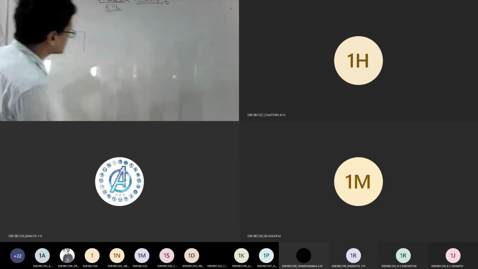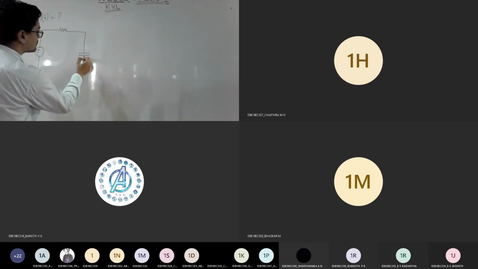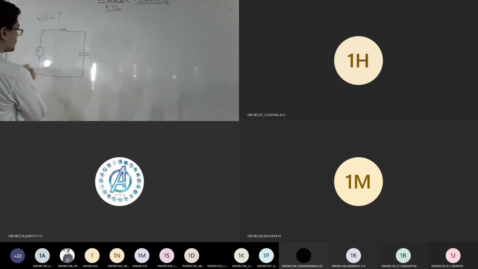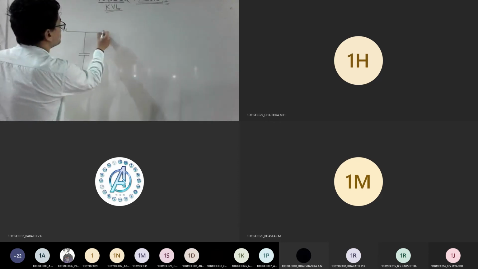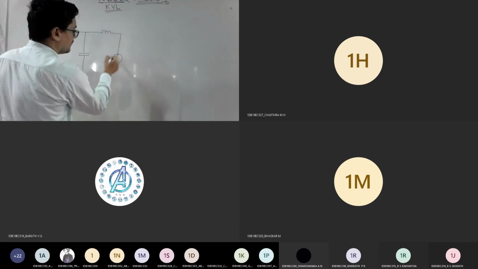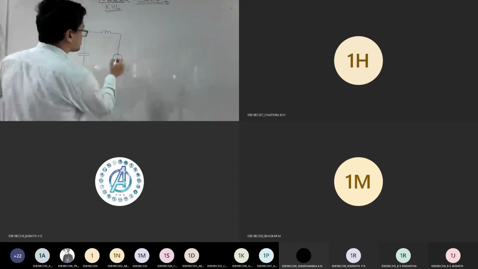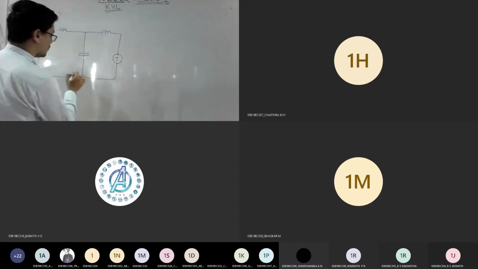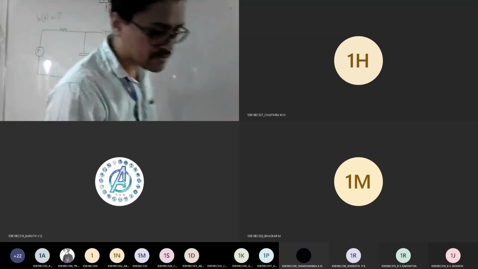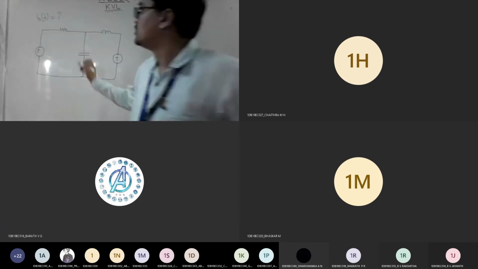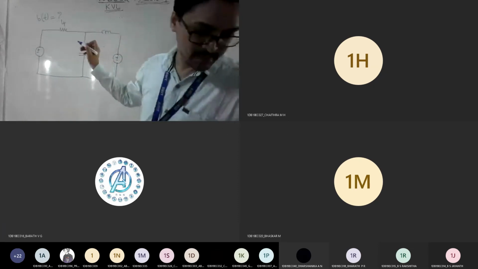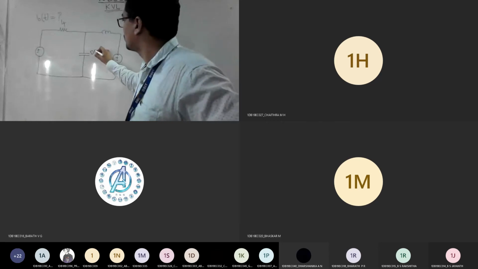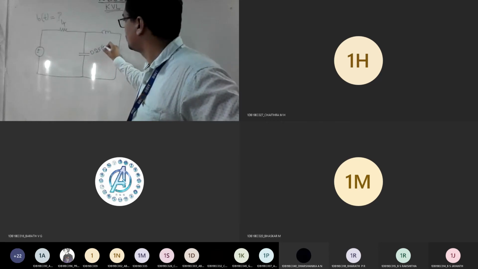So try to write the question first. A capacitor is there, followed by an inductor, and again one more voltage source. This is the given network. The values, I'll just make a note: 4 ohm is here, and the capacitor is 0.25 farad.